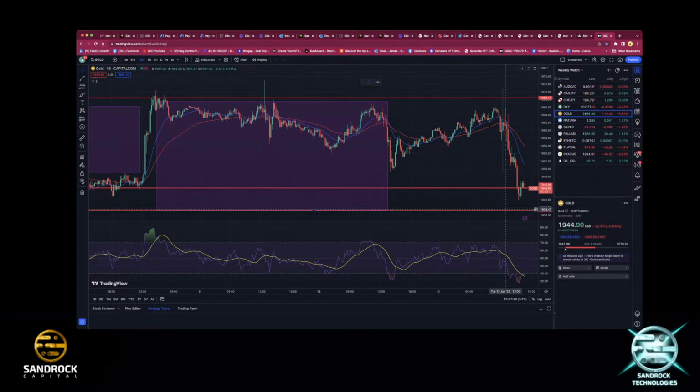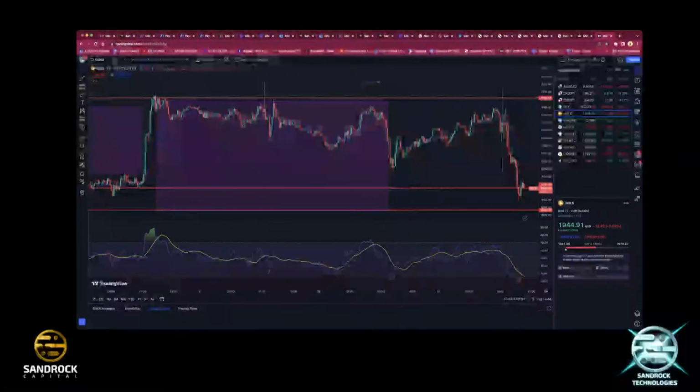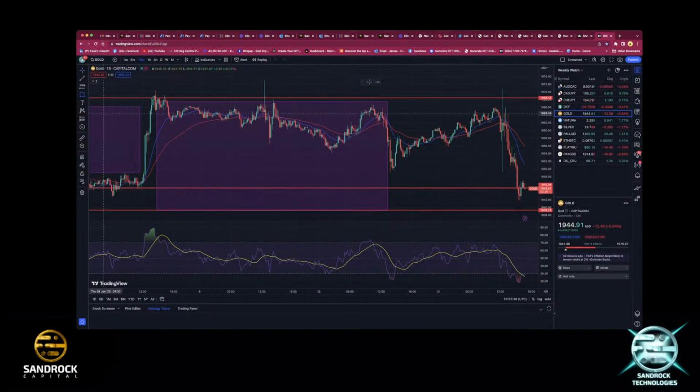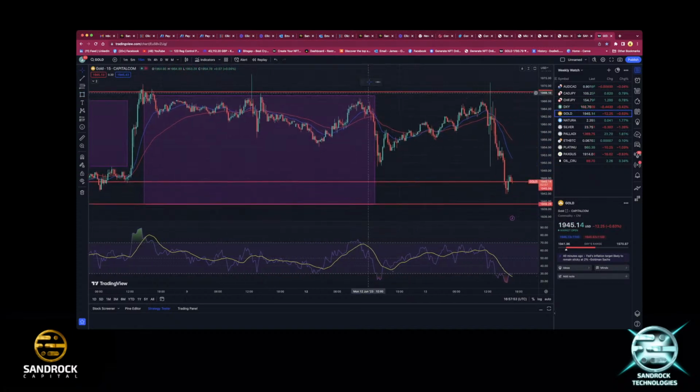So we can now draw another pocket, potentially around about there.